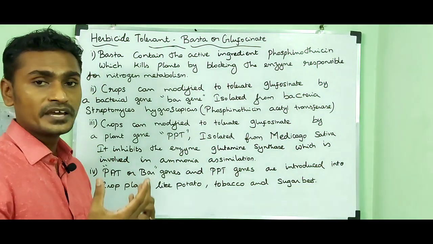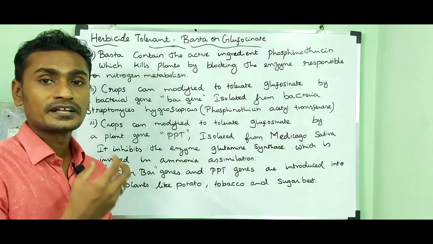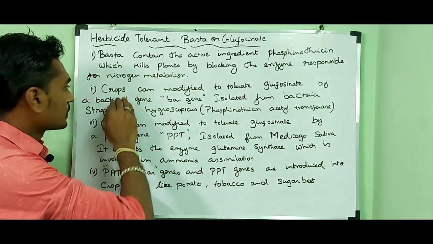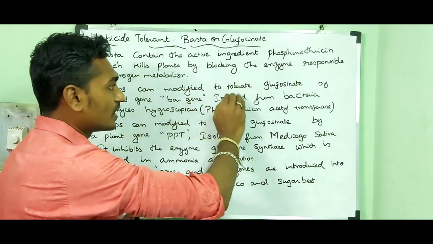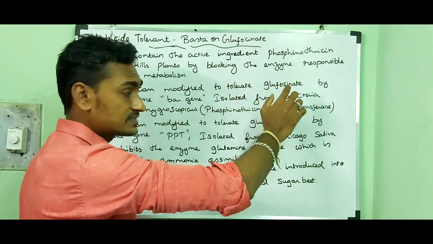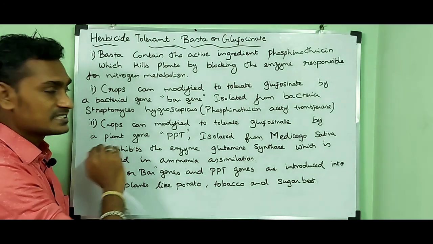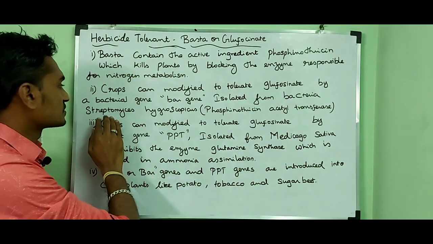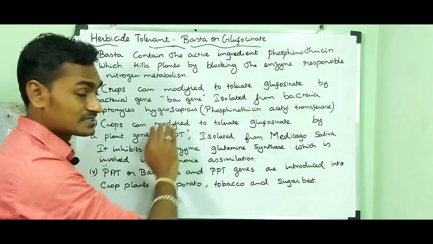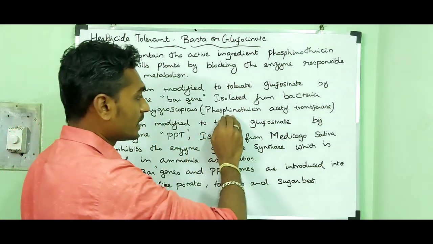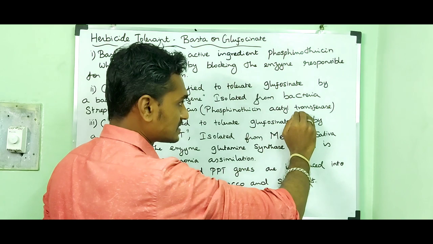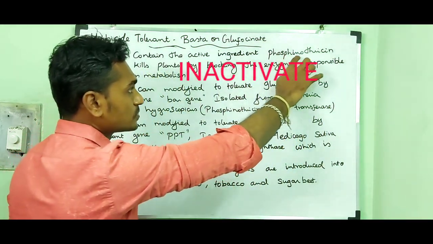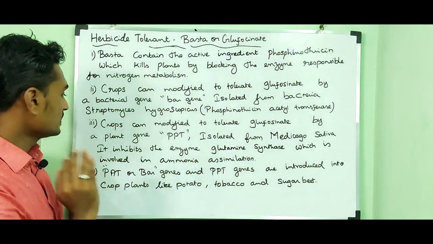So how can we make the plant tolerate the herbicide glufosinate or Basta? Crops can be modified to tolerate glufosinate or Basta by a bacterial gene, the Bar gene. It is isolated from the bacterium Streptomyces hygroscopicus. It produces phosphinothricin acetyl transferase, which inactivates the active ingredient phosphinothricin.